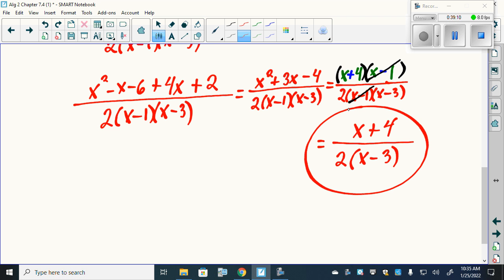So that there is why we leave the denominator factored, just in case there is a common factor on top and bottom that would simplify out. Because if we had gone on and multiplied the denominator together, we would have had to factor it back out to find those like terms on top and bottom.